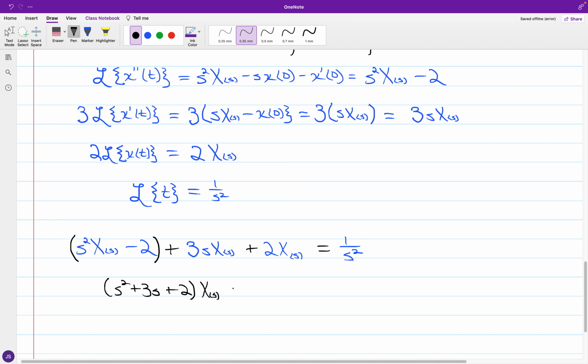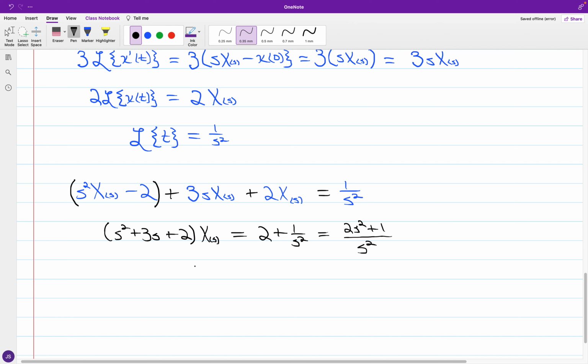And if I move the 2 to the other side, so we have 2 plus 1 over s squared. And if I combine 2 and 1 over s squared, in this case, this will be 2s squared plus 1 all over s squared, and isolating the Laplace x sub s.